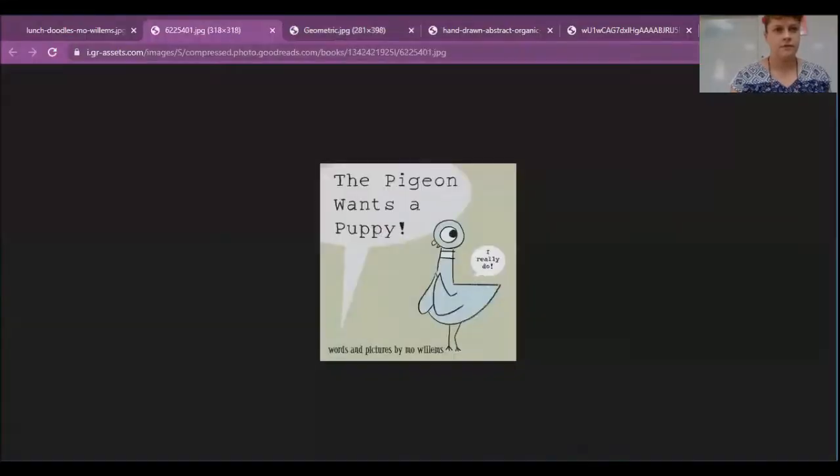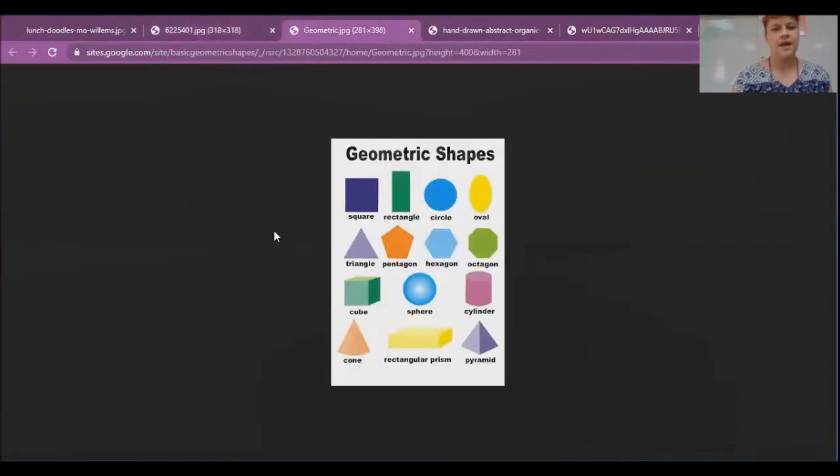Now, we're going to go up here. We have geometric shapes, okay? Geometric shapes are shapes that have a name. Easy to remember. Square, rectangle, circle, oval. All of these shapes have a specific name that everybody knows, okay?